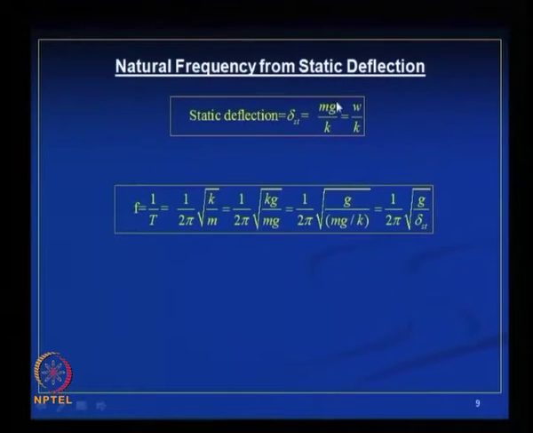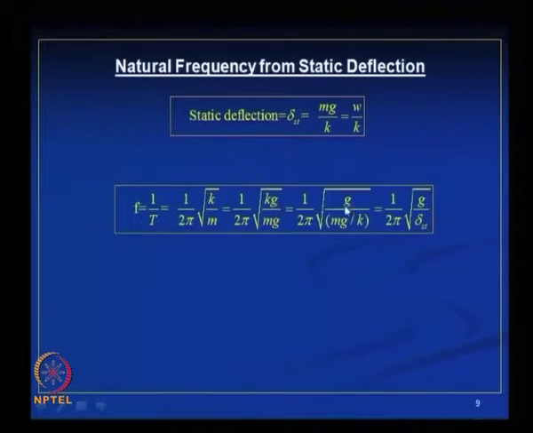If any mass is hanging from a spring, its static deflection can be expressed by weight divided by the spring constant, whereas the natural frequency f can be expressed by 1 by T, where T is the time period, which is expressed by 1 by 2 pi root over k by m.